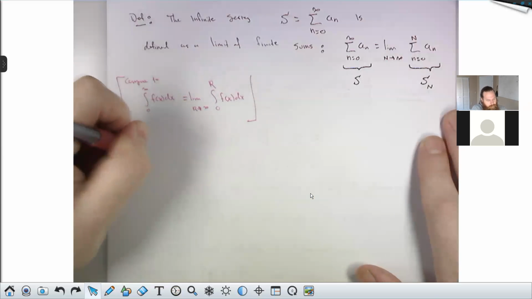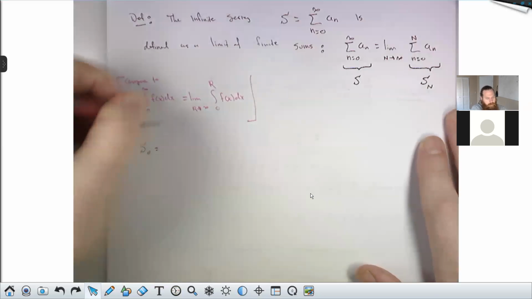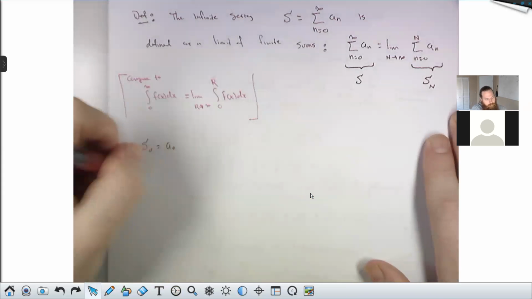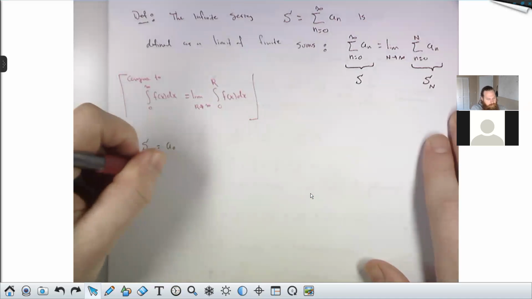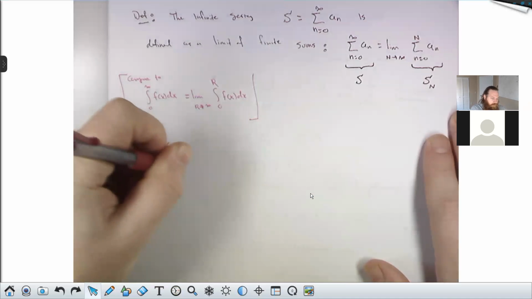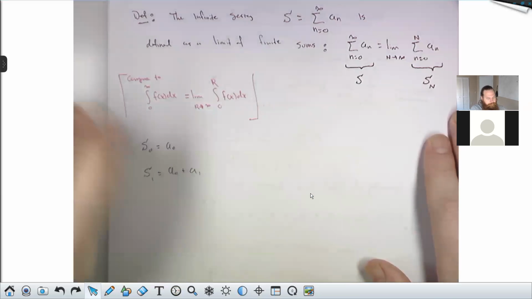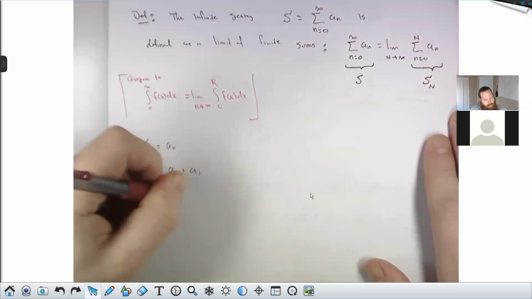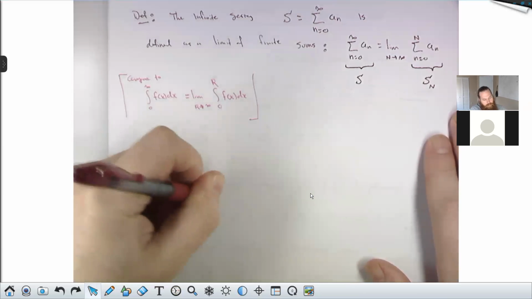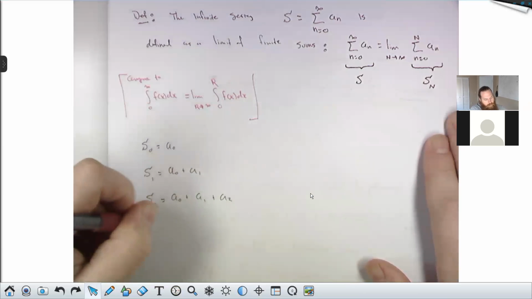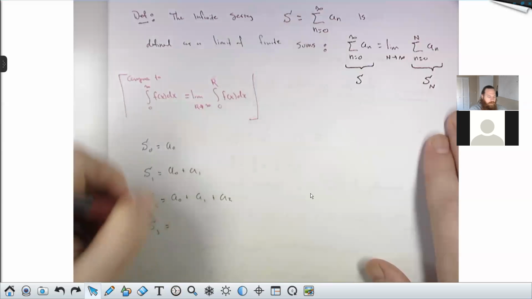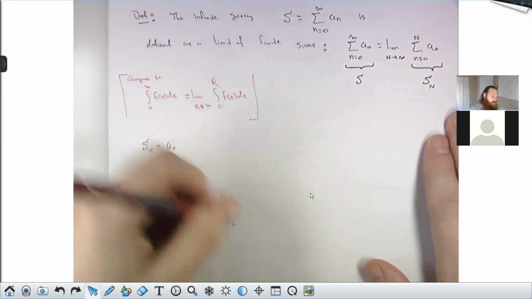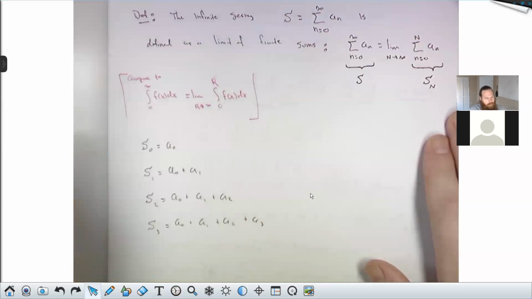But I can do this addition problem. So here capital S sub 0 would be A0. Capital S sub 1 is A0 plus A1. Capital S sub 2 is A0 plus A1 plus A2. Capital S sub 3 is A0 plus A1 plus A2 plus A3.